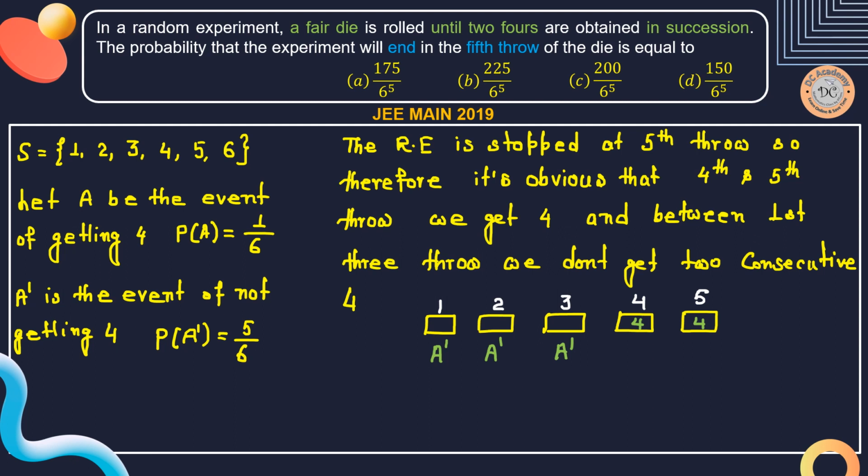The second option is that in the first throw I get A complement, in the second throw I get A, and obviously in the third throw I get A complement, because then only we are able to stop the experiment. That is the possibility. And the next one is that in the first I get A, and the next two consecutively we get A complement. And obviously in the other two cases we get all A.